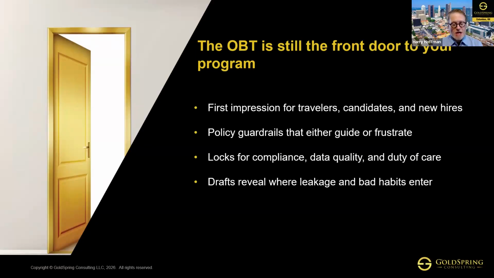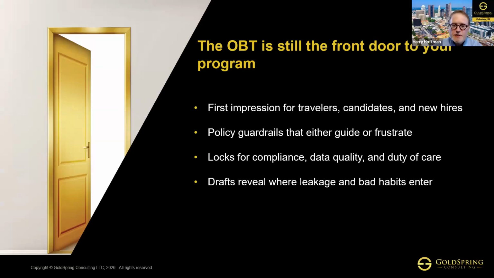When we look at the travel program as a whole, I like to equate it to being like a house. Your roof can be your duty of care program. It covers you and it protects you. Your data is really underlying everything. It's that foundation to your program. It's what everything sits on.